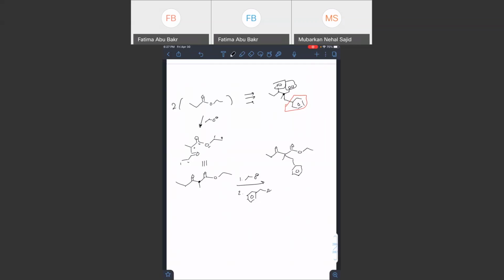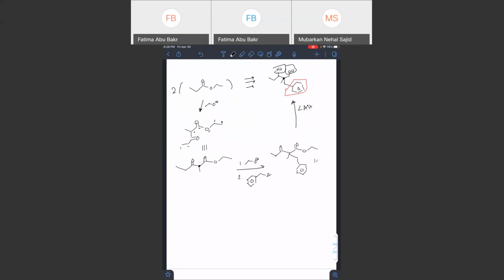Now from here, we're just going to need a couple more things. First, we need to take away that ester, and then also change both of those carbonyls into OHs. And actually, the only way to do this is just a simple LAH. And I'll tell you why: the first hydrogen, when it attacks here, is just going to cut off the O, right? And then it'll continue.